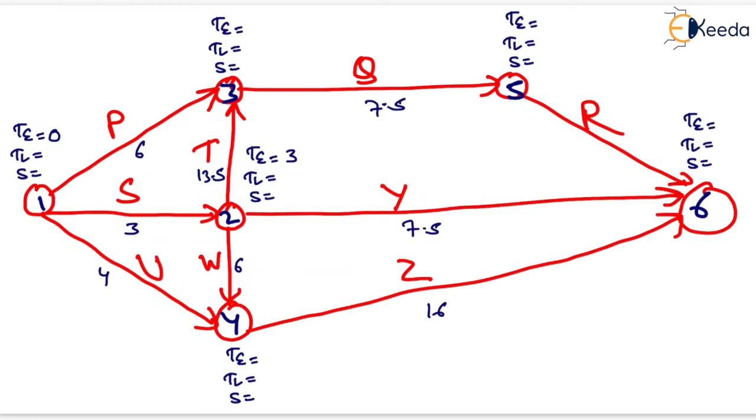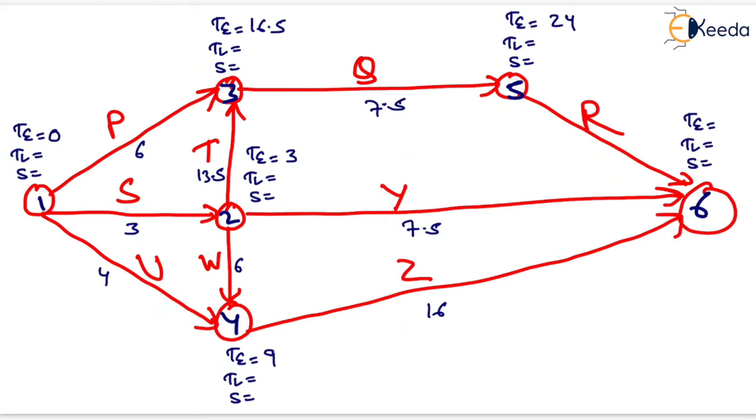For event 3 it is 13.5 plus 3, that is 16.5, and 0 plus 6 is 6, so 13.5 plus 3 is the maximum, that is 16.5. Similarly, for event 5 it is 16.5 plus 7.5, that is 24, which is shown here. For event 4 it is 3 plus 6, that is 9. So we will write 9 here.